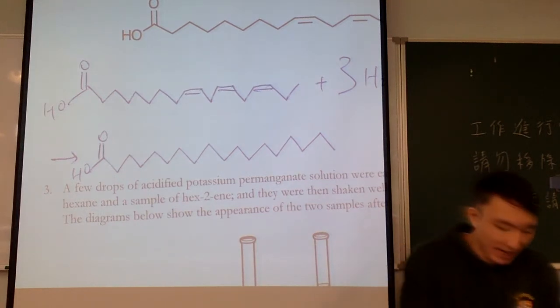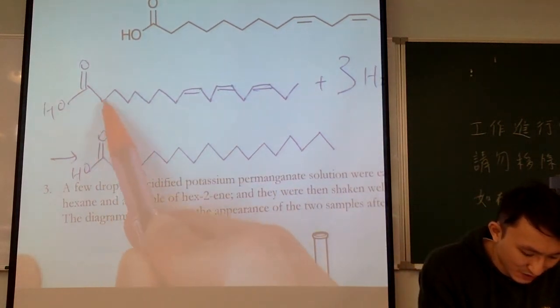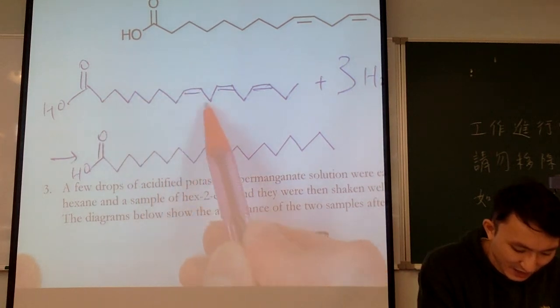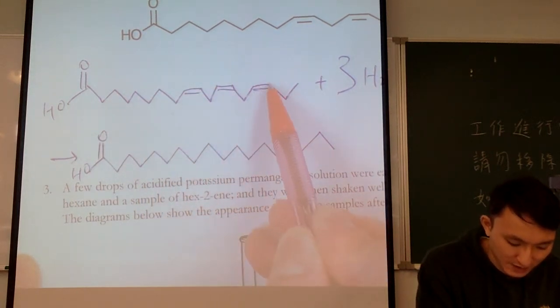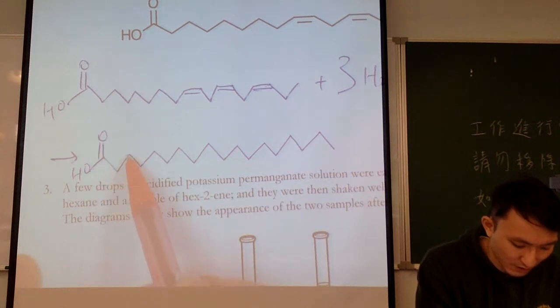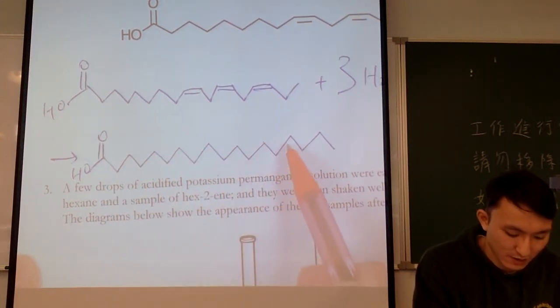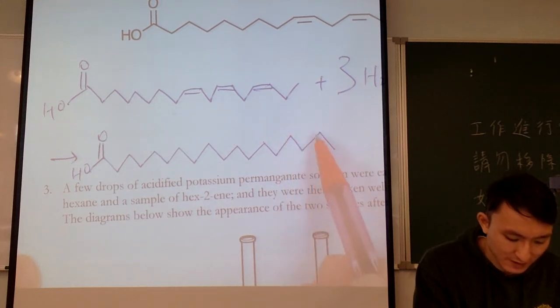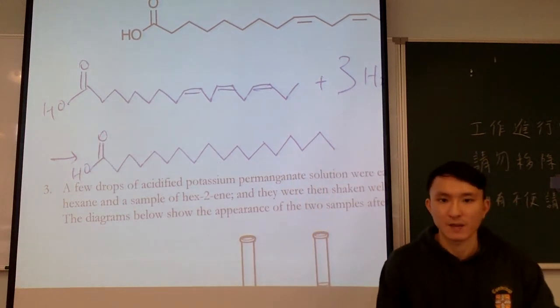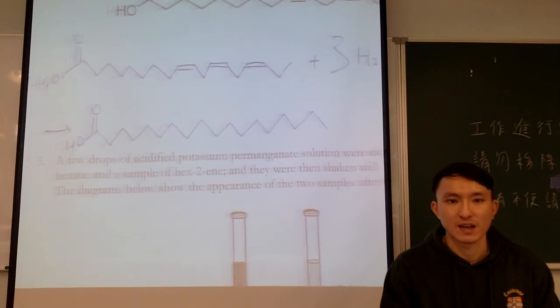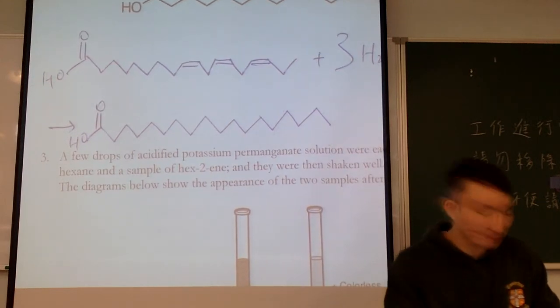Now you can always double check. 1, 2, 3, up to 18. And on the other side, 1, 2, 3, up to 18. Okay, so the number of carbon is the same. So that would be the equation.